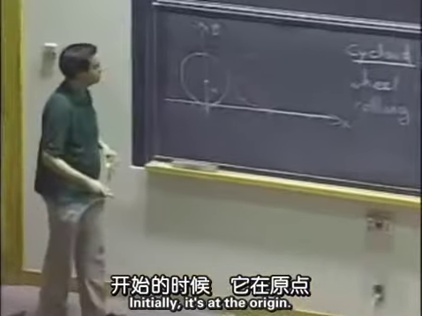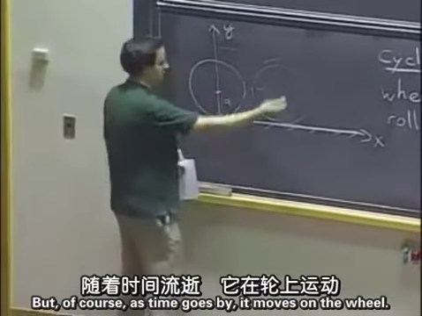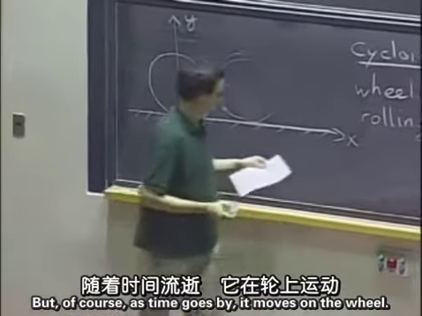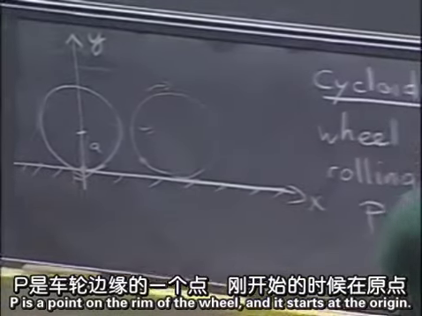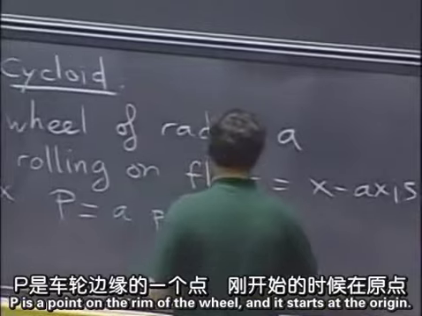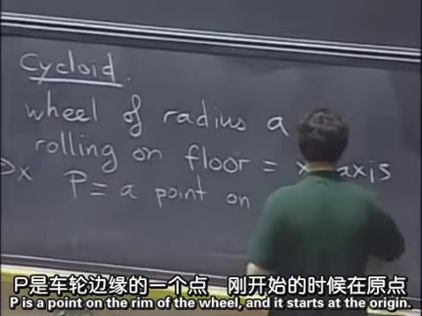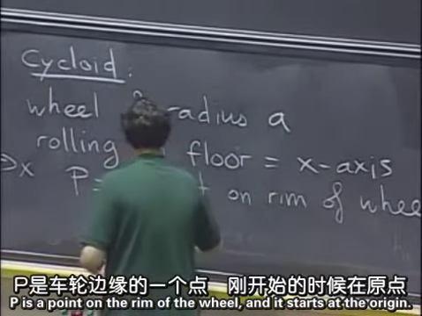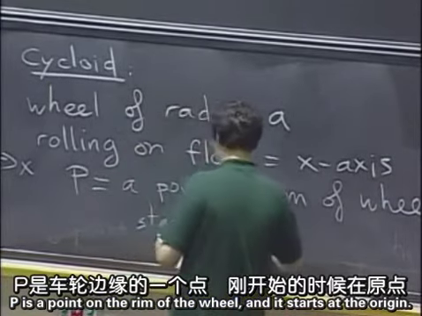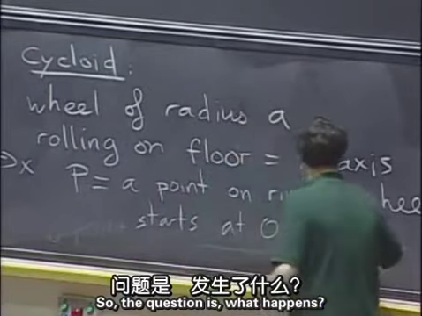Initially, it's at the origin, but of course, as time goes by, it moves on the wheel. So P is a point on the rim of the wheel, and it starts at the origin. So the question is, what happens?